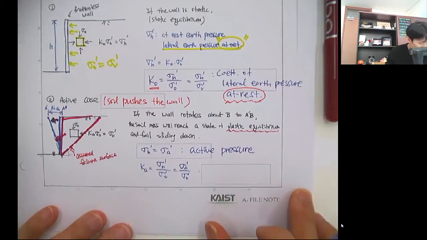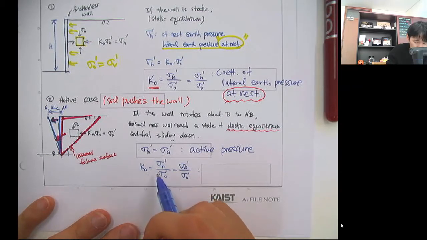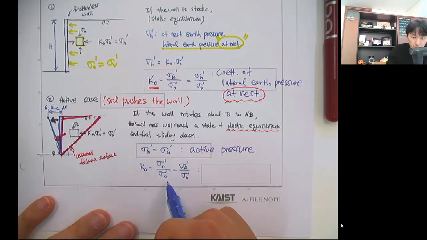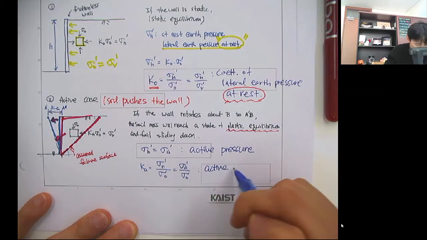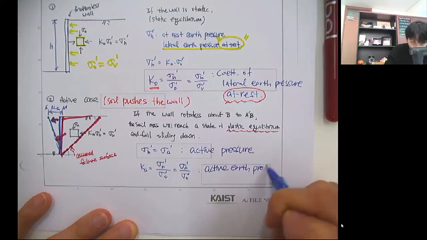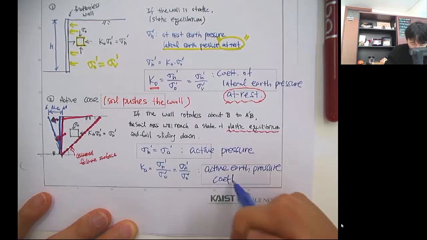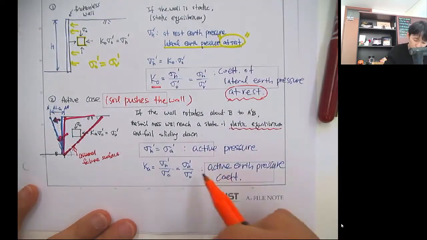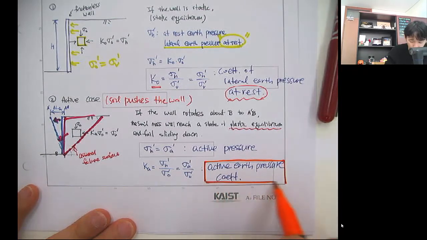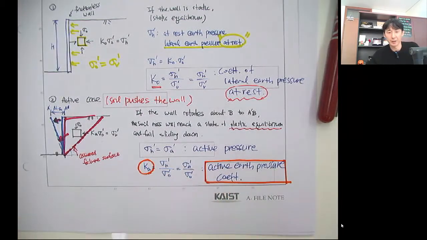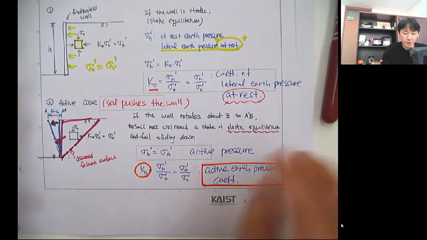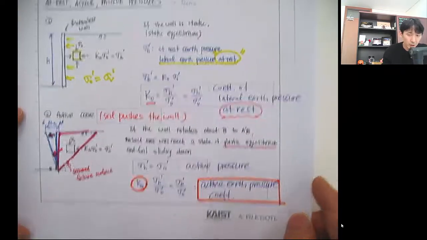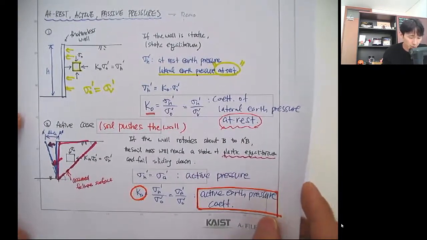Again, the horizontal stress over the vertical stress is a coefficient, called the active earth pressure coefficient, which is K sub A. So we're just talking about the definitions of each case, K naught for at rest and Ka for the active case.